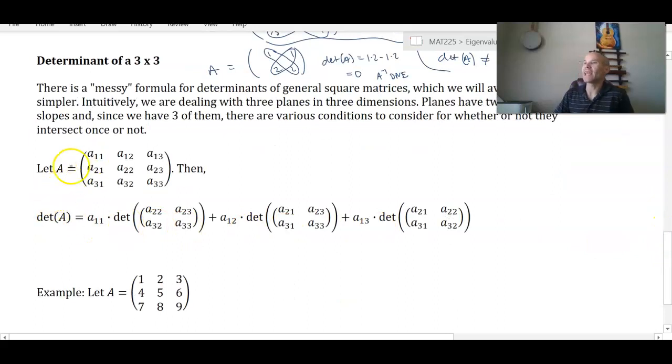So let's say A is this matrix where we call the components A11, A12, A13, A21, A22, A23, A31, A32, A33, where the first subscript denotes what row we're in, and the second denotes that we're in column 1, column 2, column 3. The way you compute this is take the first coefficient, and cross out the row and column in which that value takes place.